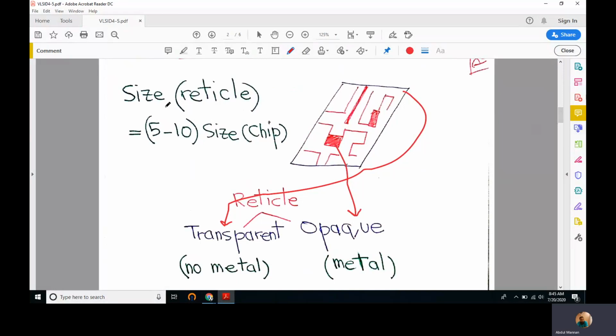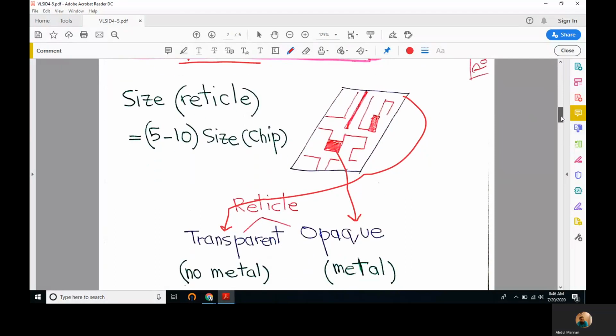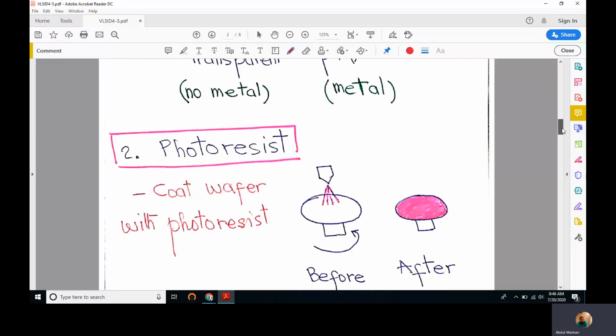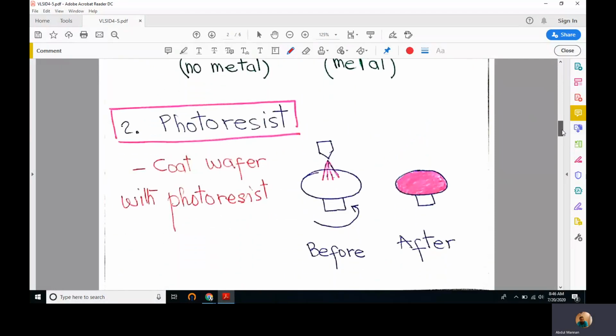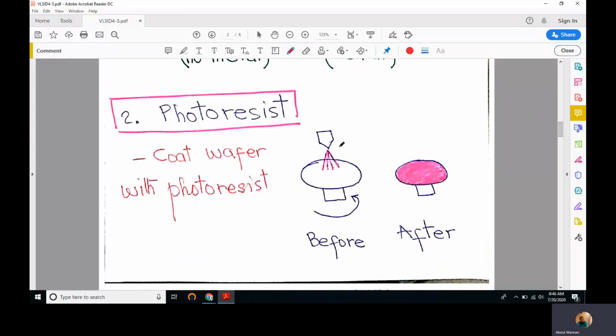The size of the reticle is 5 to 10 times greater than the size of the actual chip on which we are going to translate this pattern. So first we make this reticle or mask, and then we coat the silicon wafer.